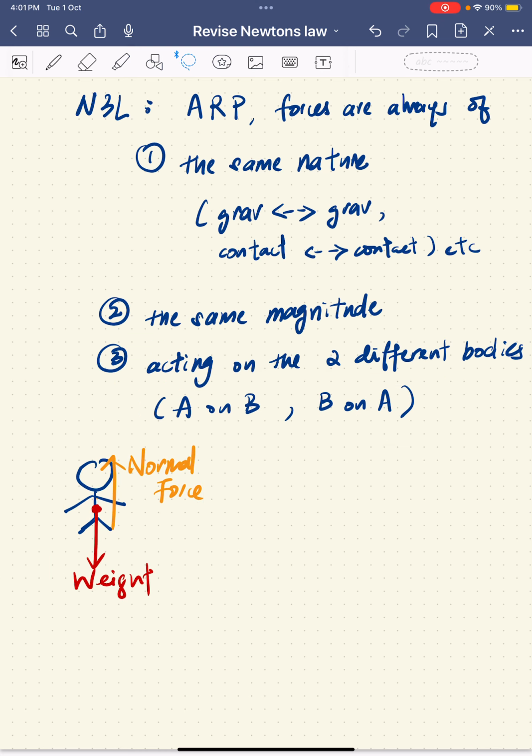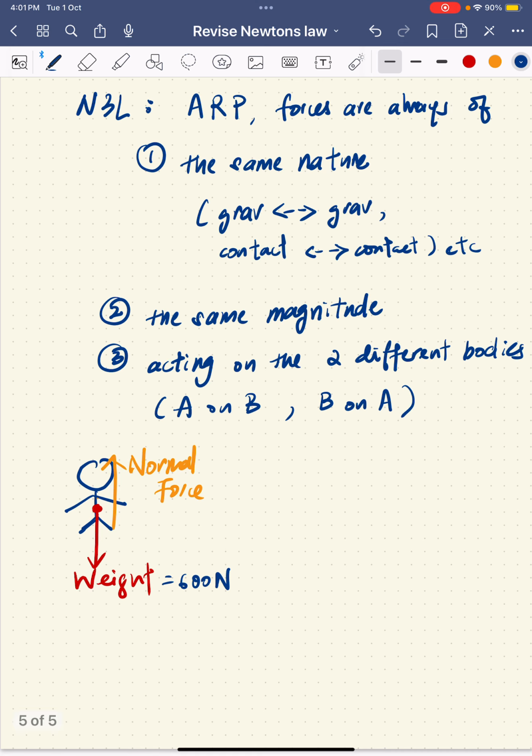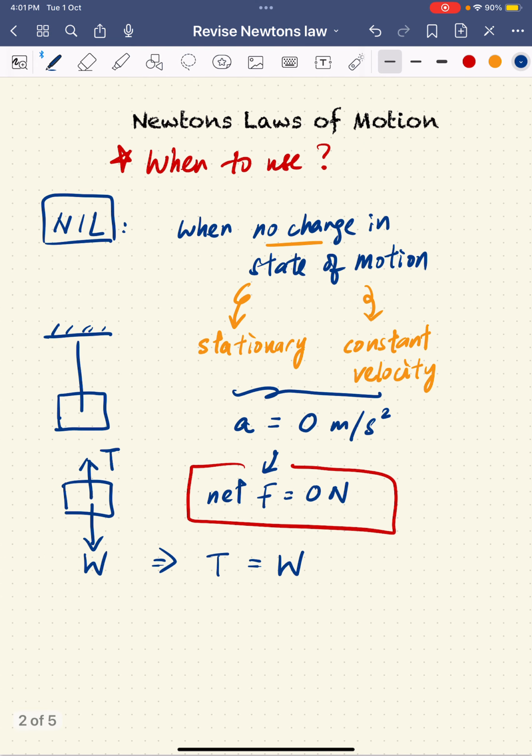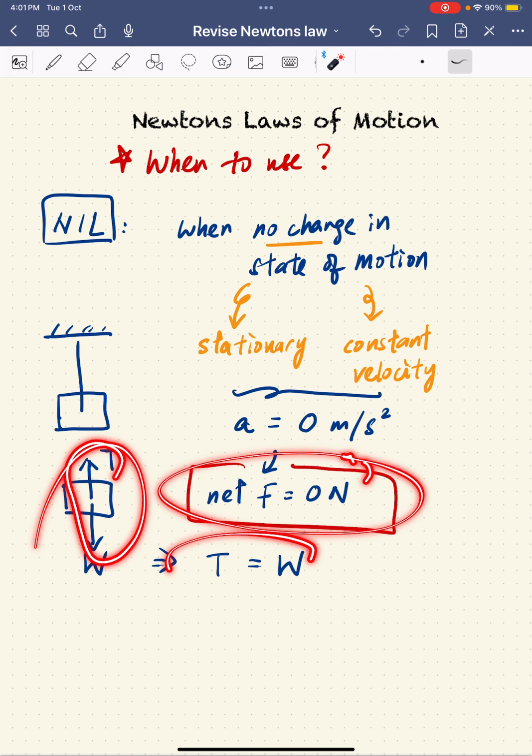Now, a classic example. Many students would think that if my weight is, let's say, 600 Newton, and the man is stationary, then it becomes a Newton's first law situation where net force is zero because it is stationary. Therefore upward force equals downward force.